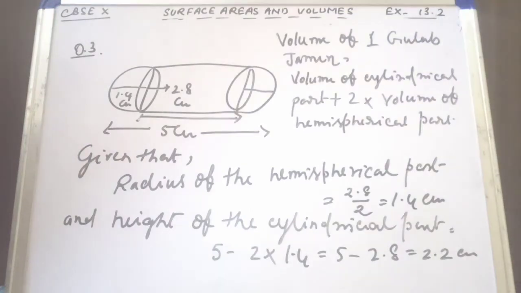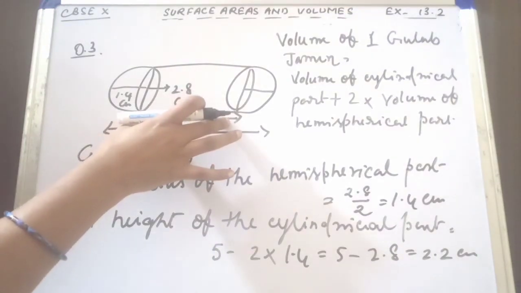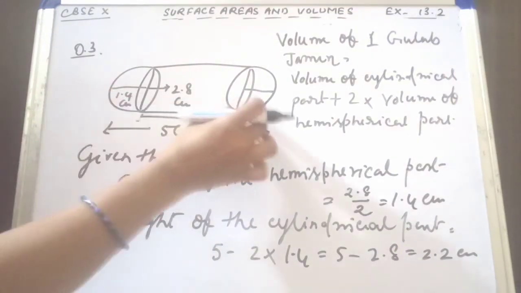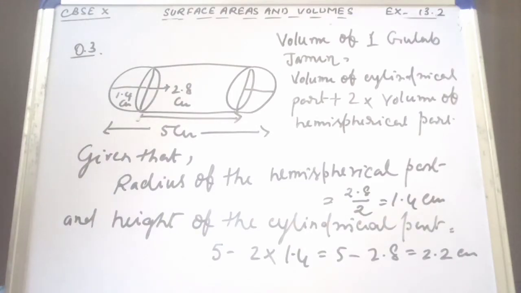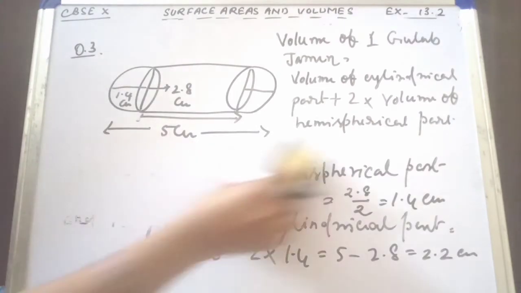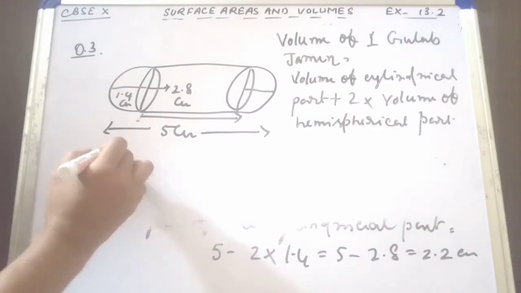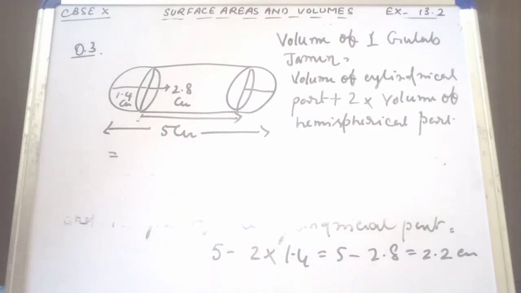So total volume is equal to volume of cylindrical part plus volume of these two hemispherical parts.